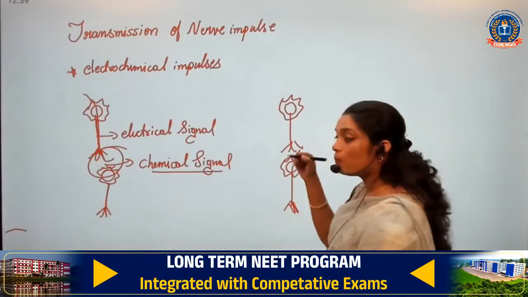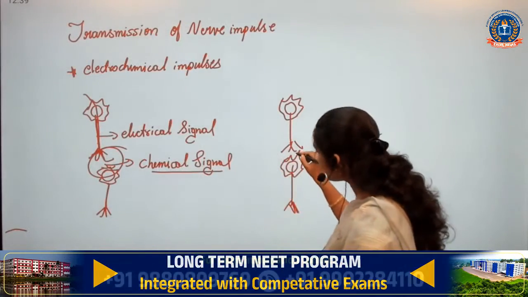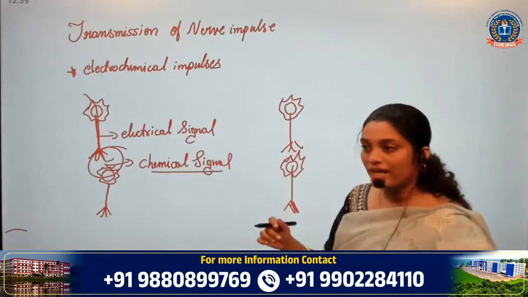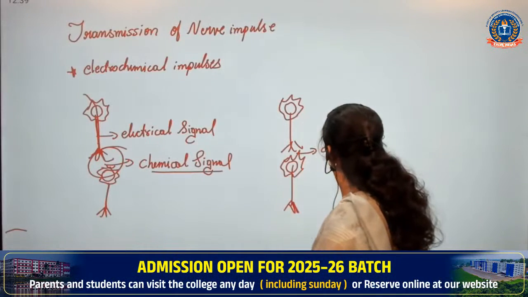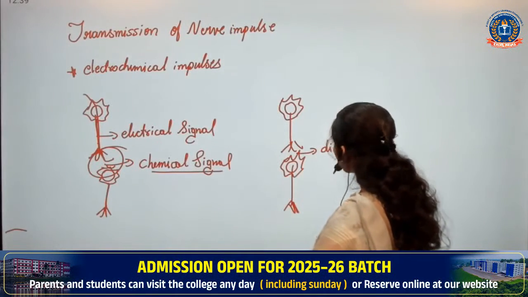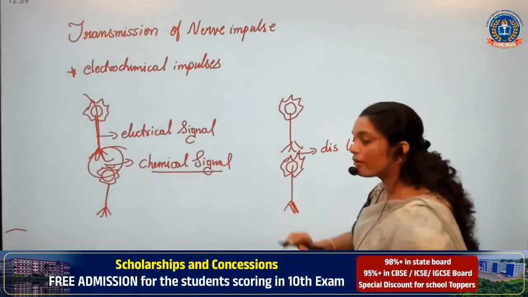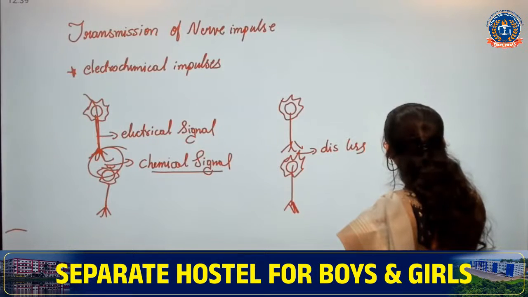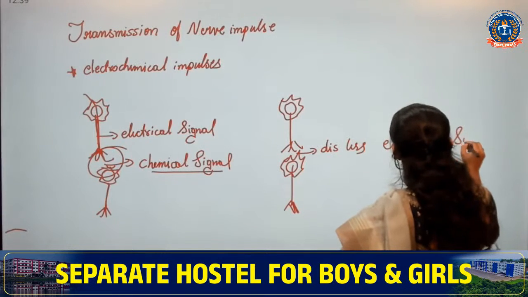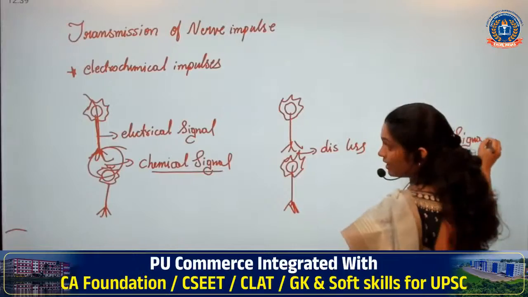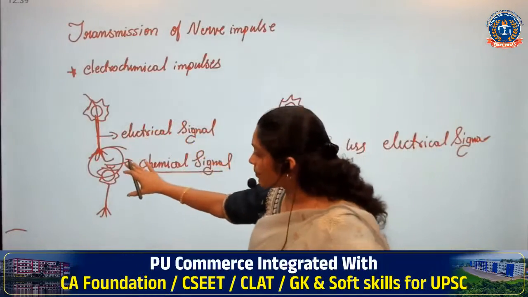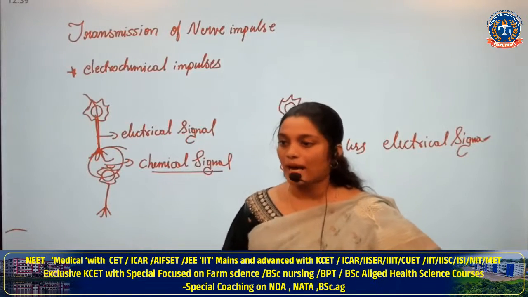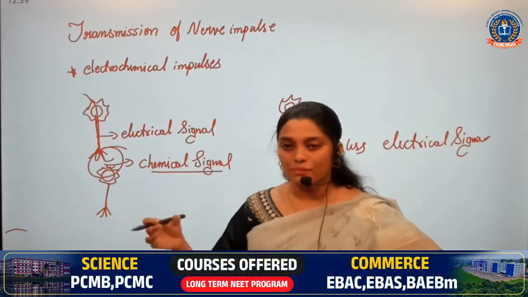In case the distance between this axon terminal, that is the synaptic knob, and the dendrites of another cell is very small, then in that place, instead of a chemical signal, an electrical signal passes. Here it was an electrical signal, then a chemical signal, then again an electrical signal. We'll be studying about those gaps also, like what we call those gaps, everything I'll be explaining.